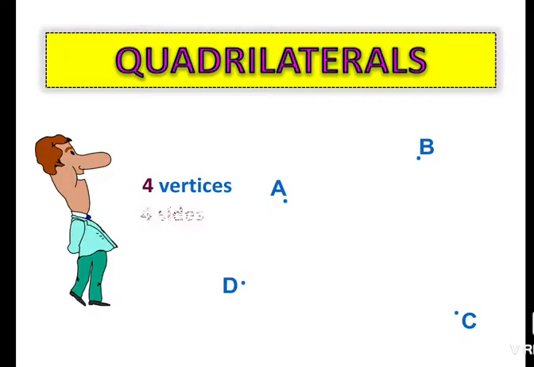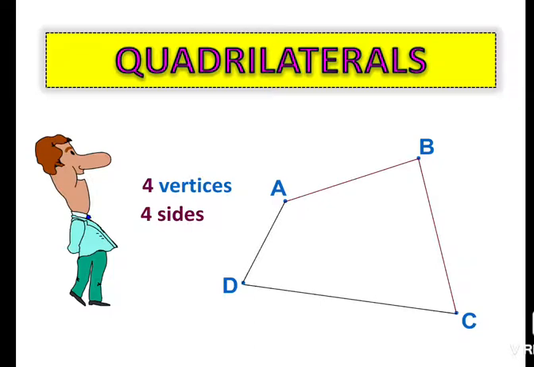Then the next point is that it has 4 sides. We just saw that all the figures have 4 sides. AB joining A to B, then from B to C, C to D and D to A. These are the 4 sides of a quadrilateral.